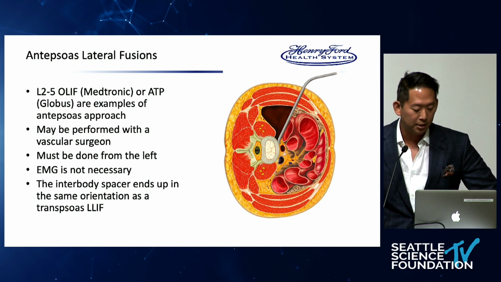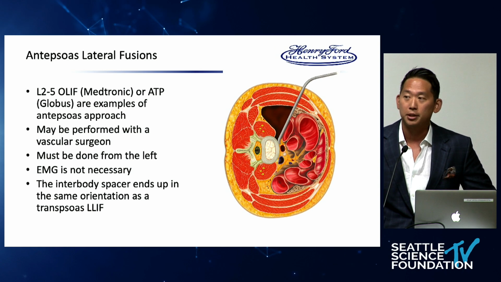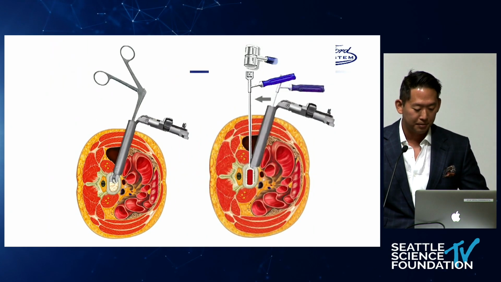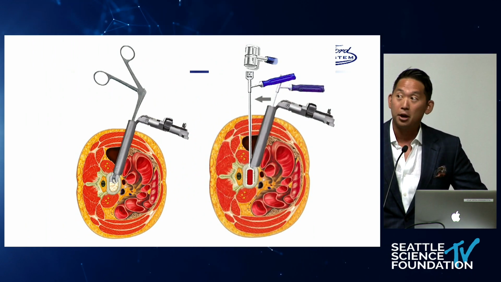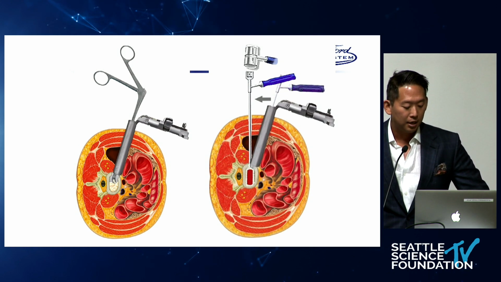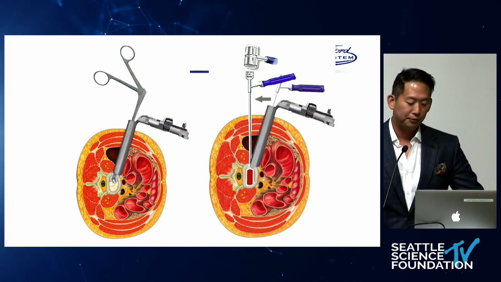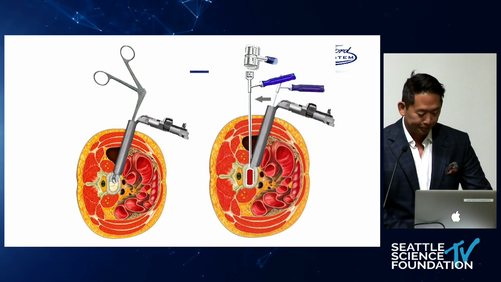And then in the end, your interbody spacer ideally should end up in the same orientation as a standard transpsoas lateral. Here on the schematic, you can get an idea of how this is done. You have your retractor docked in an oblique position, you're doing your discectomy, and then when you're doing your implants and your trials, you make a turn where you're shifting forward so that you have the proper orientation of your implant.